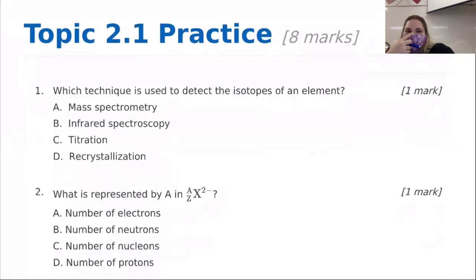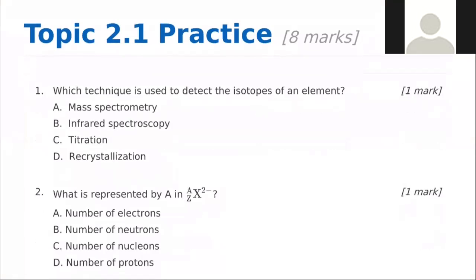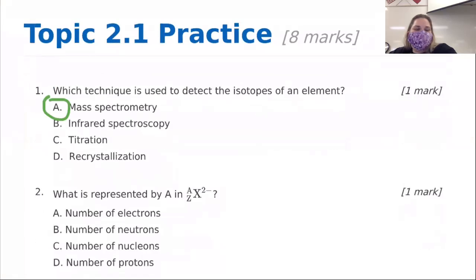Can anybody answer number 1? There is a machine that's used to detect the isotopes that's talked about in the notes. You guys know which one it is? A? It is the mass spectrometer, and so the technique is called mass spectrometry. Okay. Titration, that's what we just talked about with solutions.